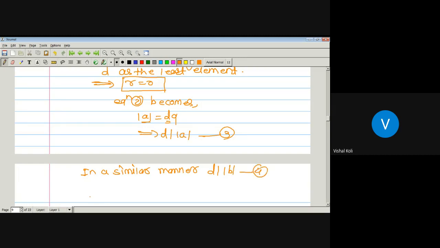So D is the common divisor of modulus of A and modulus of B.